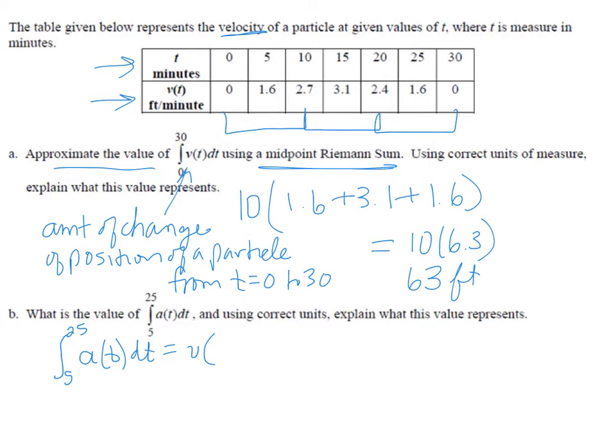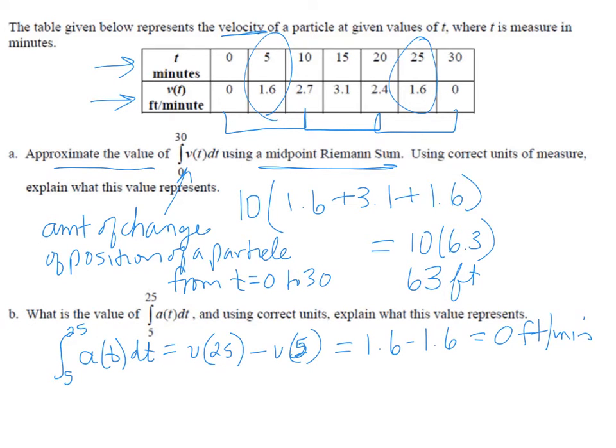So it's a definite integral of velocity from 5 to 25. If you look that up in the table, v of 25 is 1.6, v of 5 is also 1.6. So 1.6 minus 1.6 is 0 feet per minute.